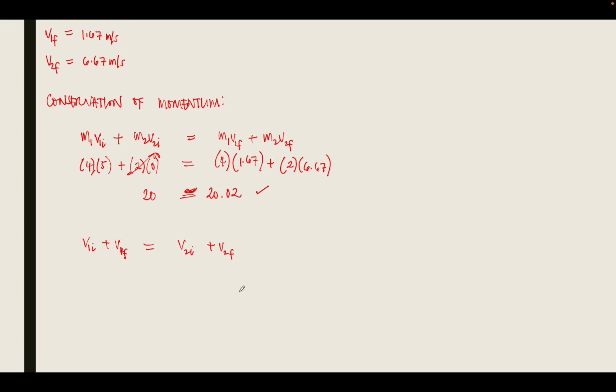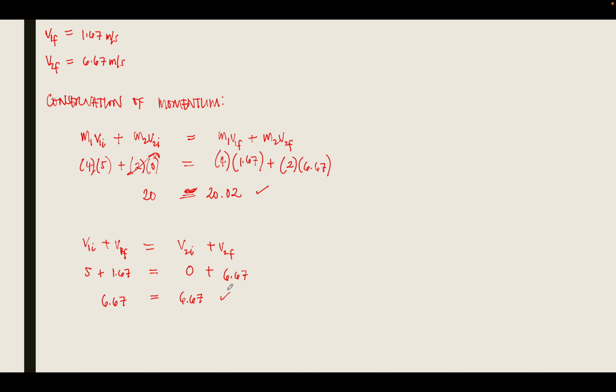Let's check if we will arrive with the same answer on both sides of the equation. V1 initial, we have 5 plus V1 final is 1.67. V2 initial is 0 plus 6.67. So 5 plus 1.67 is 6.67, which is equal to the right side of the equation, which is 6.67.